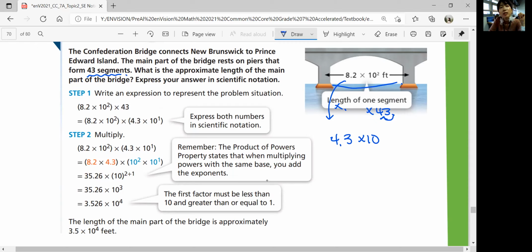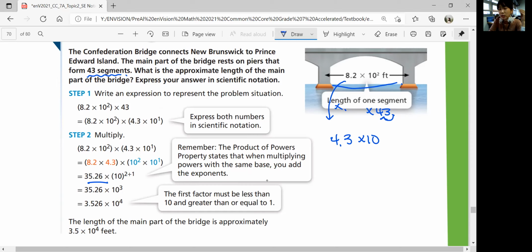8.2 times 4.3 should be 35.26. And 10 to the second power times 10 to the first power is 10 to the power of 2 plus 1. So you have 35.26 times 10 cubed.